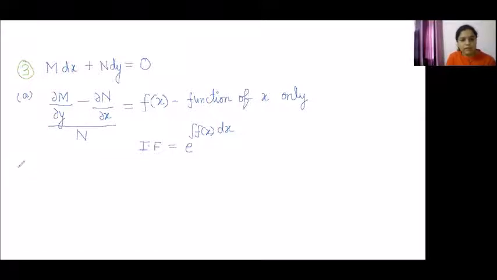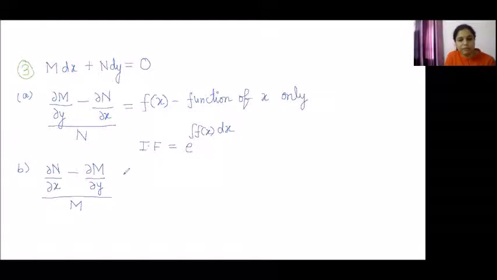The second case is here. Here we consider this difference: the partial derivative of N with respect to x, minus the partial derivative of M with respect to y. We divide this difference by M, which is a function of both variables x and y.